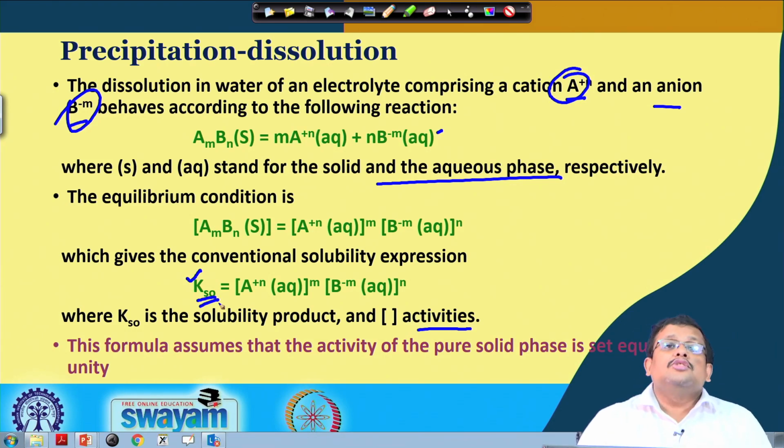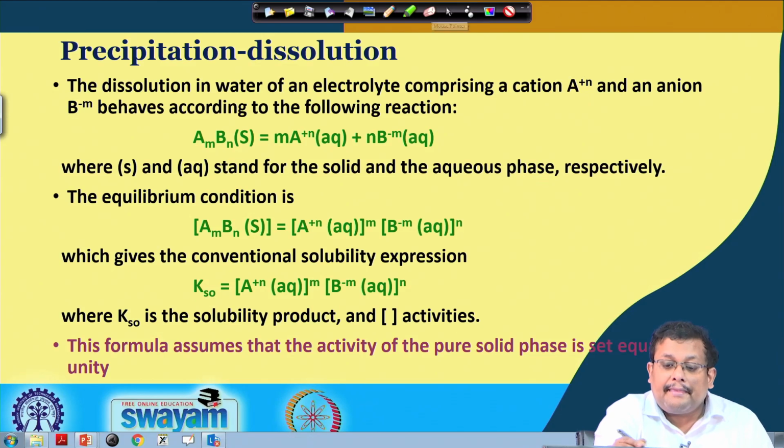So, this formula assumes that the activity of the pure solid phase is set equal to unity. Okay, so this is the expression of the solubility product when we are considering the electrolyte with a cation An+ and anion Bm- and their dissolution in the aqueous phase.